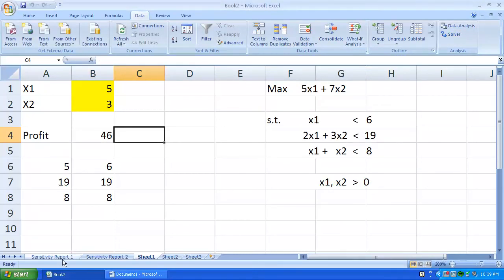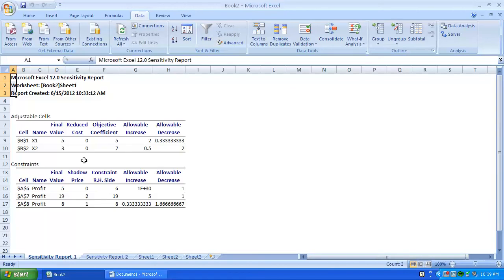So that's the meaning of a reduced cost. They were originally, when we first solved it, 0 because neither one of these was 0. Now, you've got the objective coefficient, the 5 and the 7. And then we have an allowable increase and allowable decrease. Now this will indicate how robust our solution is. How robust our solution is.